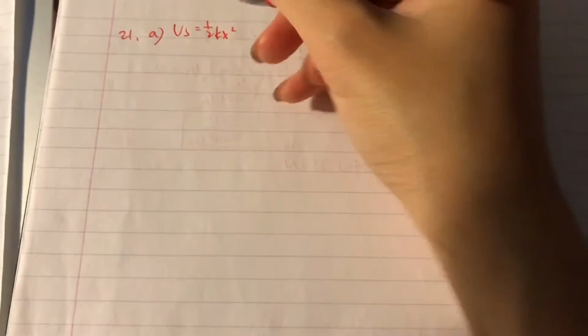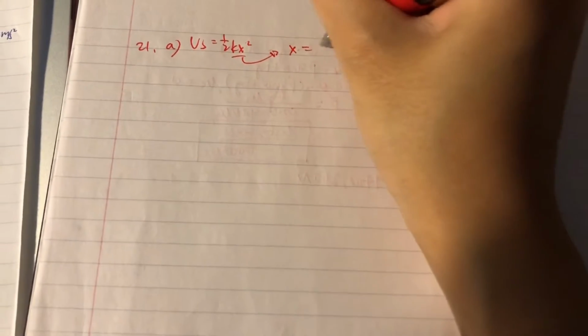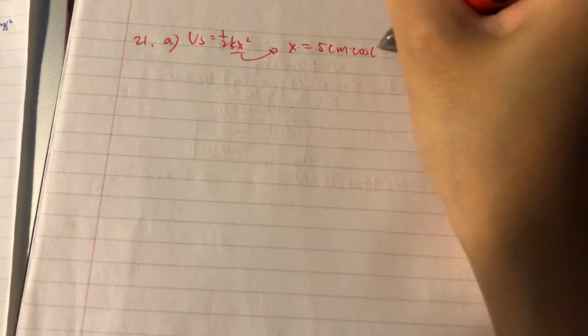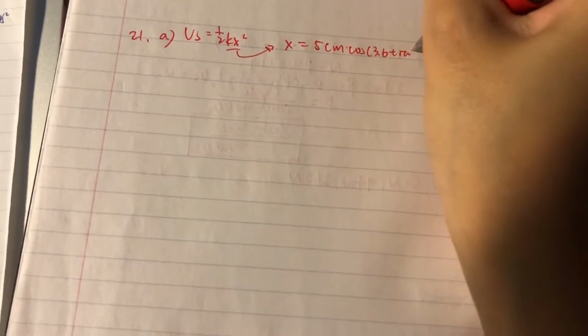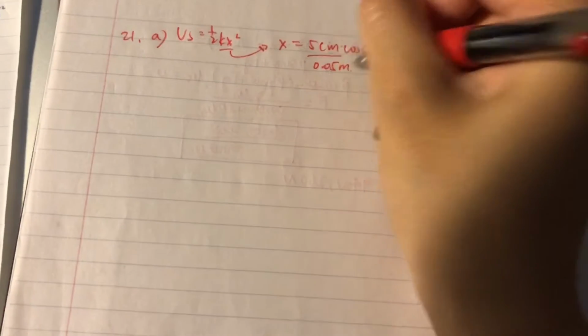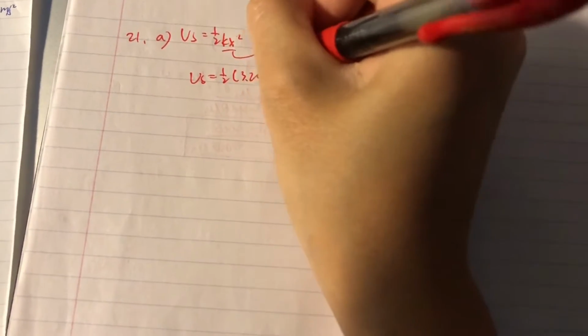For part A, we know the formula for the spring potential energy is one half k x squared, where x is given by the problem, 5 times cosine of 3.6t. We know that 5 centimeters is 0.05 meters, and then we can rewrite the formula.